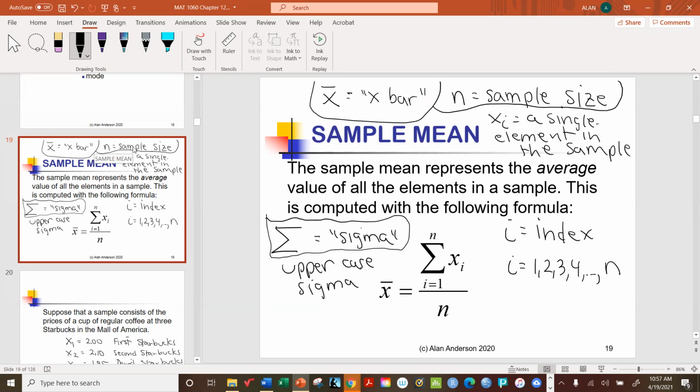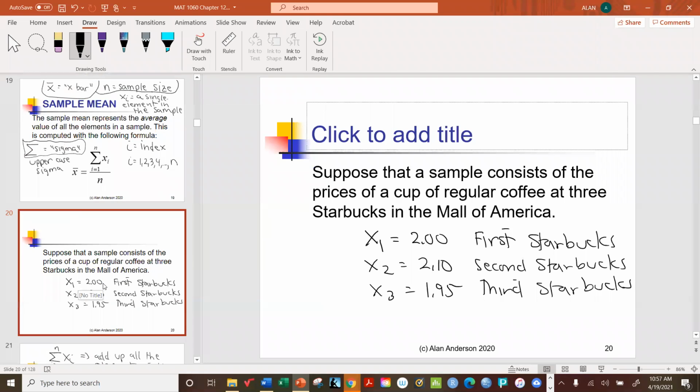And so what we're going to do is use each of those X's to represent the price of a cup of coffee at those 3 Starbucks. So therefore, X1, now imagine you're walking in the door, the first Starbucks that you see, we'll call it the first Starbucks.